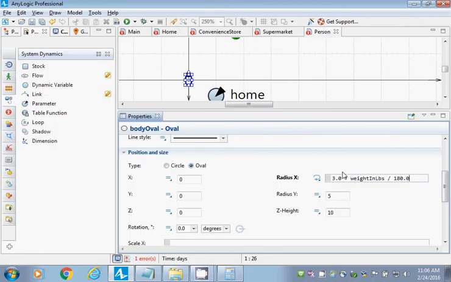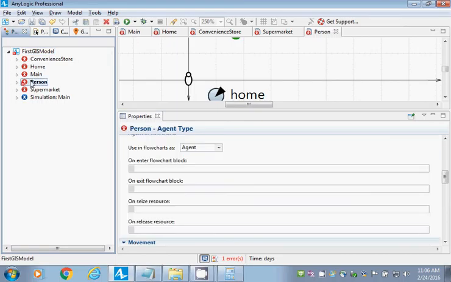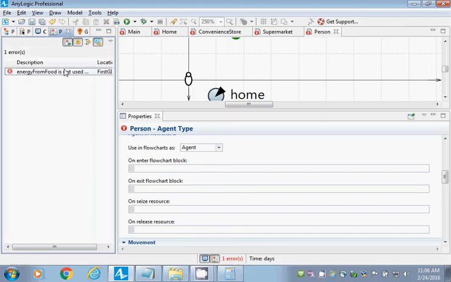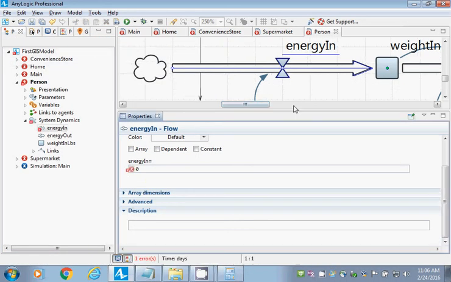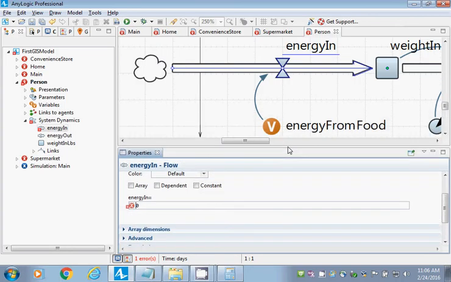I'd like to go to person, person as a whole. So over here, I'd like to go to person. Oh, look at that. There's an error. Let's go check out what the error is. Energy from food is not used but expected. Oh, what's wrong here, folks? You tell me. What do you think's wrong?